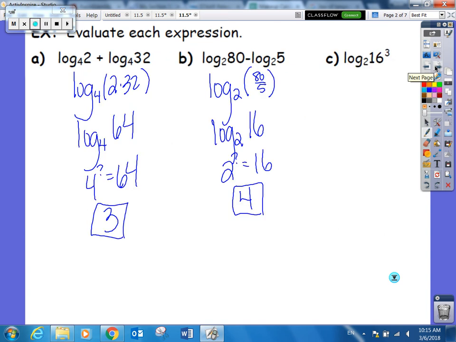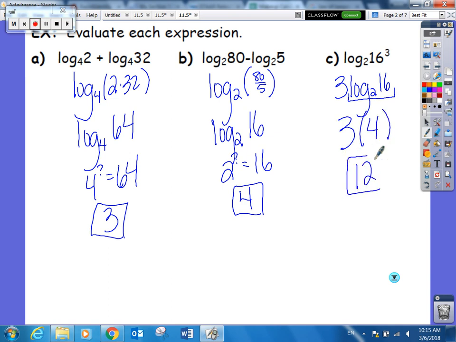So I'm going to bring this 3 out in front and make that 3 log base 2 of 16. Now I have to find what is log base 2 of 16. Log base 2 of 16, we just did that, is equal to 4. So we have 3 times 4, and you get 12.